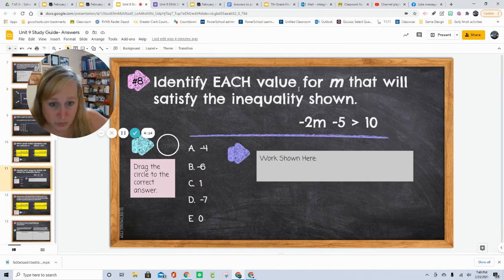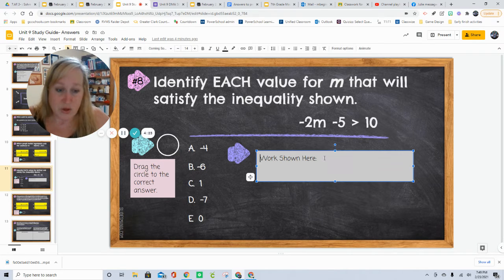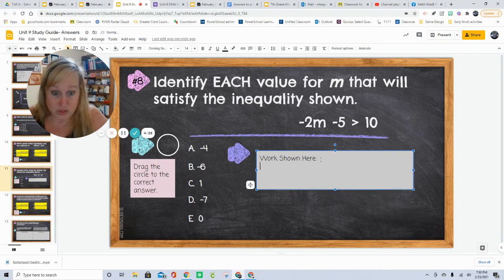Okay, and on this one, you just basically have to start trying. Which ones will make these true? So I'm going to have to do the work. If I substitute -4 in for m, this becomes -2 times the -4 minus 5 is greater than 10.